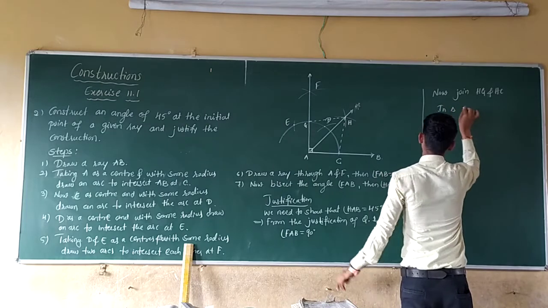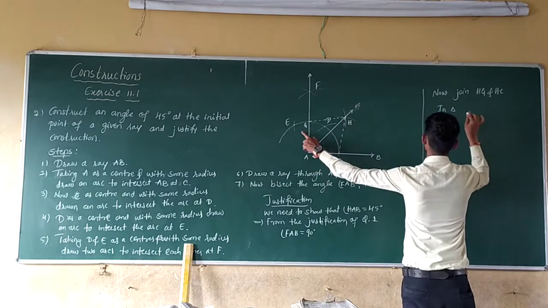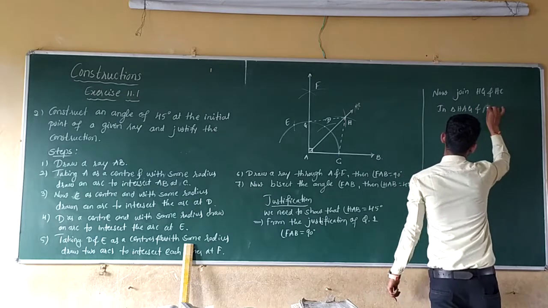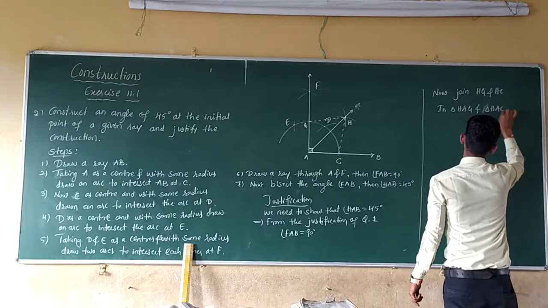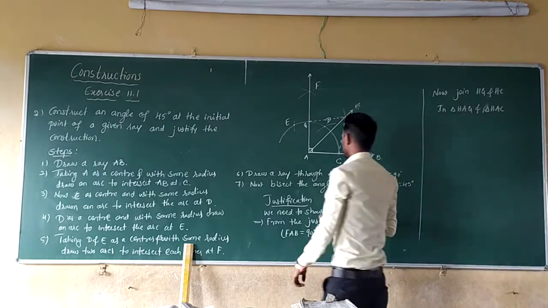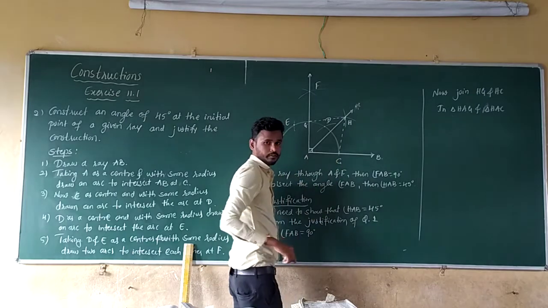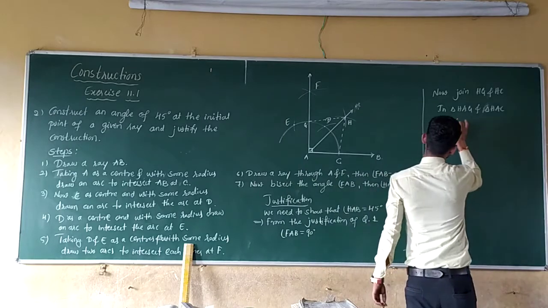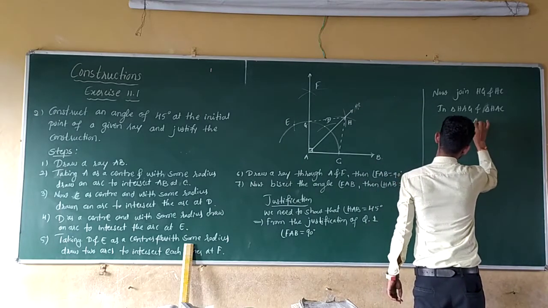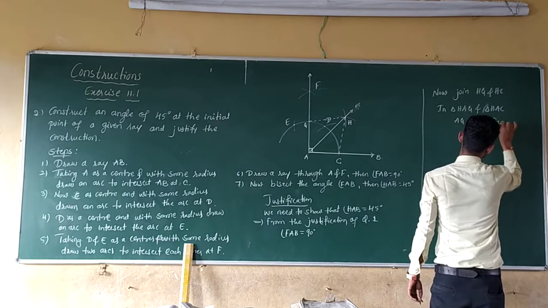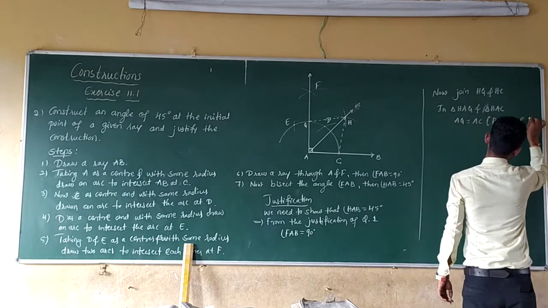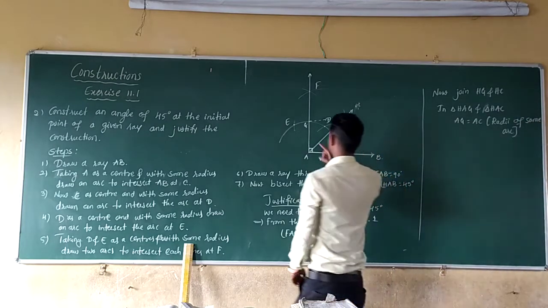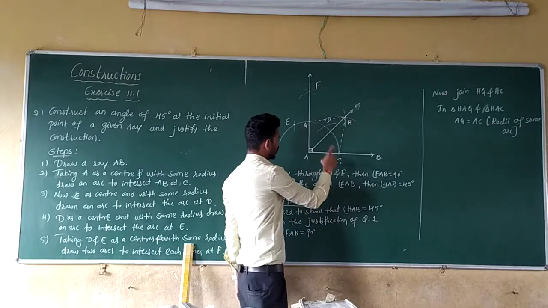In triangle HAG and triangle HAC, what are the equalities? Here AG equals AC, because radii of the same arc. Here it is the arc CG and these two are the radii of the same arc.